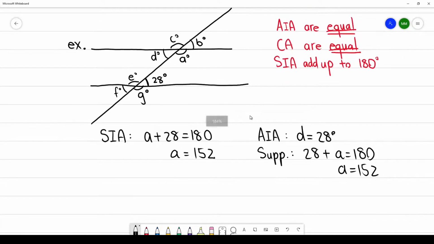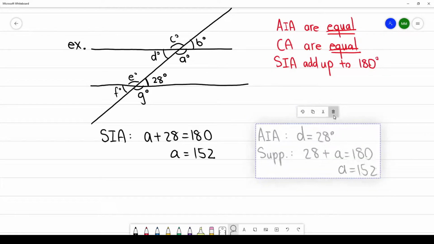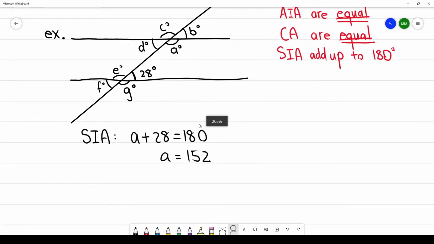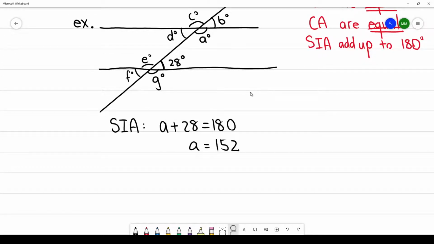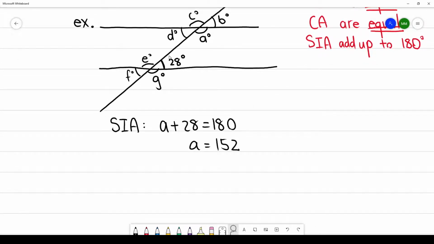None of them are easier than others, and none of them are harder than others. They're just different ways of doing it. So by SIA, same side interior, we have A plus 28 is equal to 180. So A is 152.